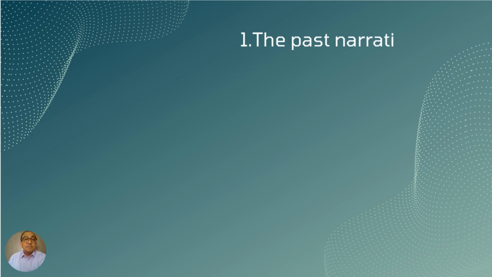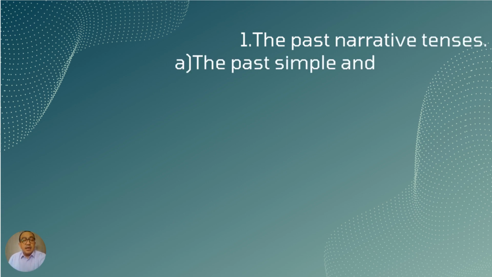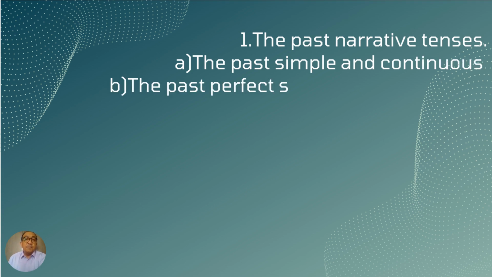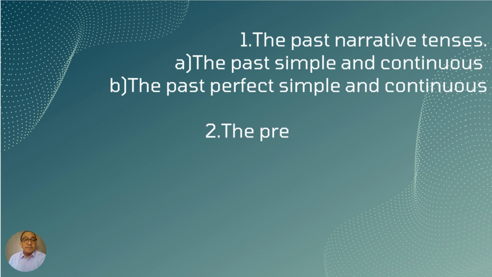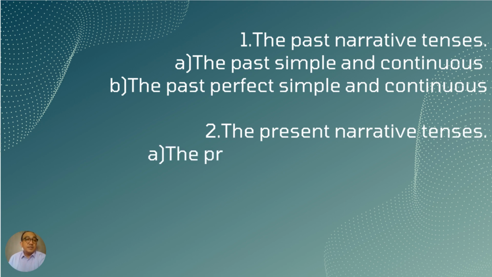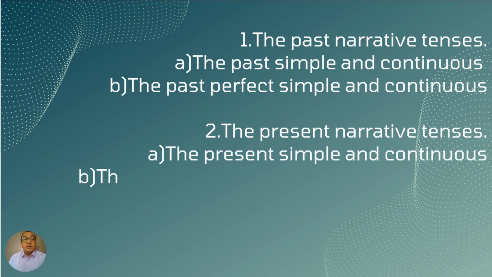Let's see the example here. How many tenses can we see in the narrative tenses? Number one could be the tenses in the past, and that is what we call the past narrative tenses. Could be the past simple, past continuous, past perfect simple, and past perfect continuous. The next one is the present narrative tenses.